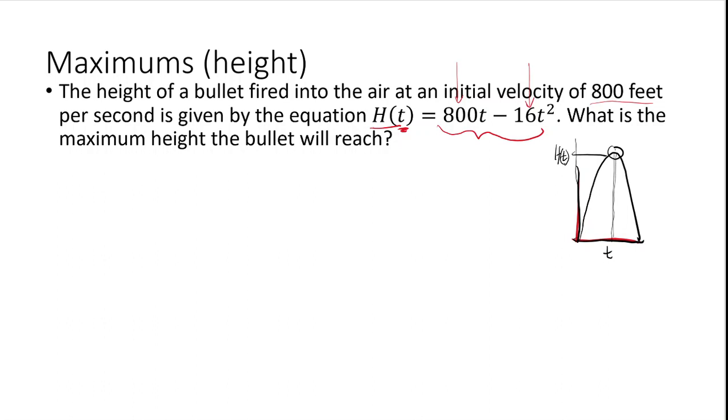We'll do it just like the previous problem where h(t) is equal to, we'll just rearrange this real quick, negative 16t squared plus 800t plus 0. Let's do negative b over 2a. Negative b over 2a is negative 800 divided by 2 times negative 16, which is just 800 divided by 32.